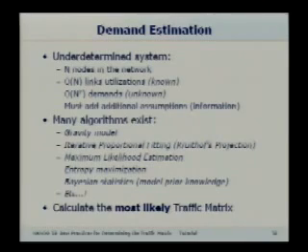So what we're actually going to do is we're going to estimate a traffic matrix, which is the most likely traffic matrix. There are many algorithms which can do things like that. A lot of papers about them. There's a gravity model, maximum likelihood estimation, entropy maximization, and I think the point to take away from all these papers is it really doesn't matter too much which algorithm it is, because they basically give all rather similar results.